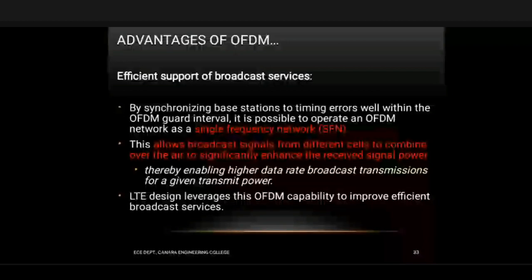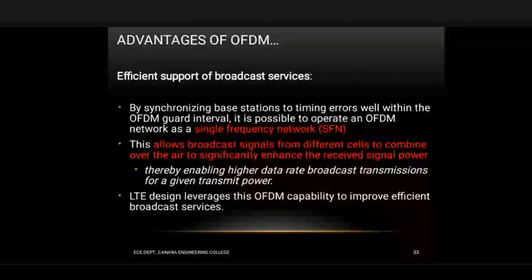Efficient support for broadcast services. Broadcast, as you know, is one output, multiple receivers. Here, what we can do with OFDM is synchronize the base stations. Like we have multiple towers located in Benjanpadal, BC Road or Mangalore, several areas.